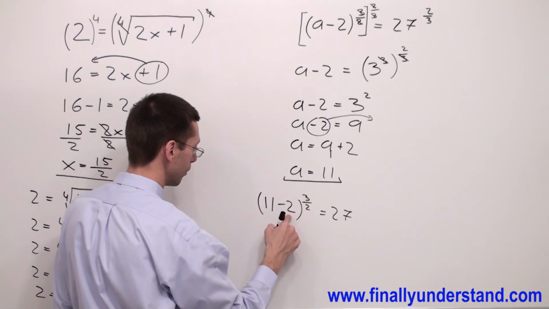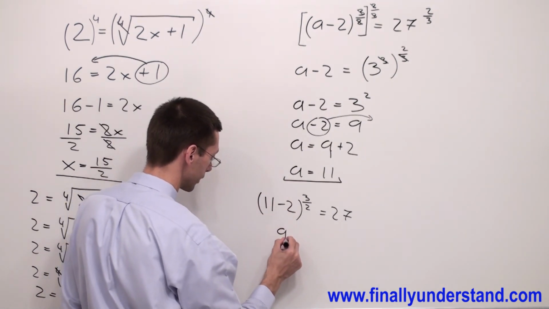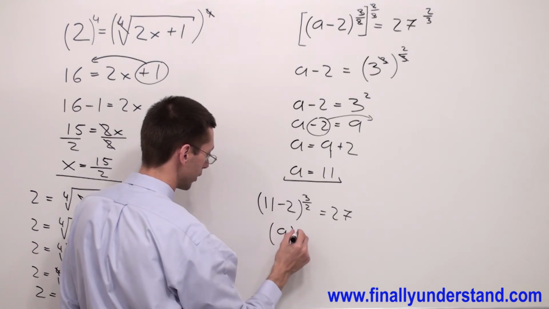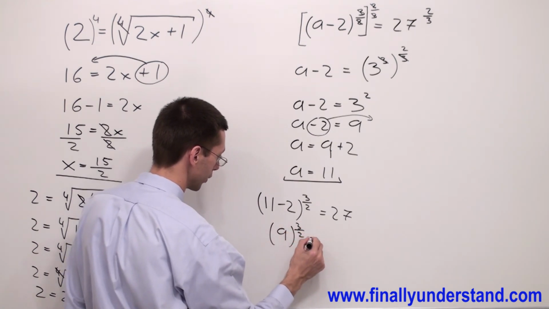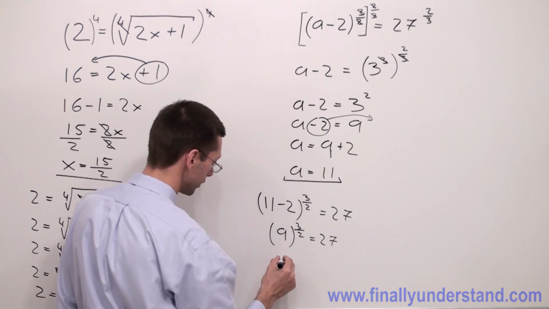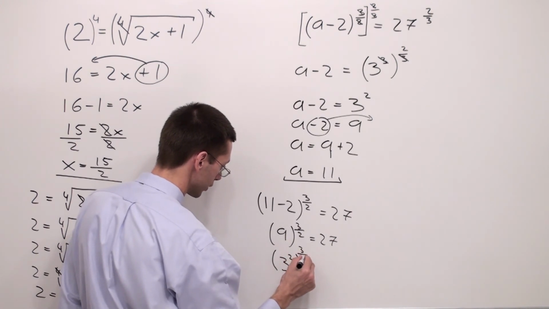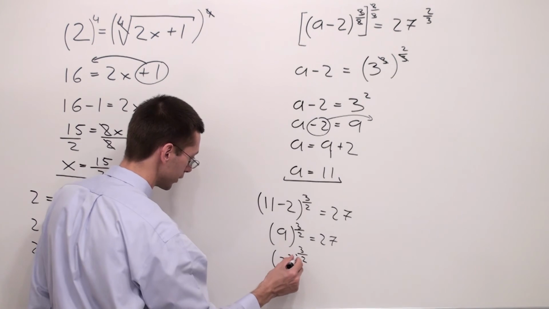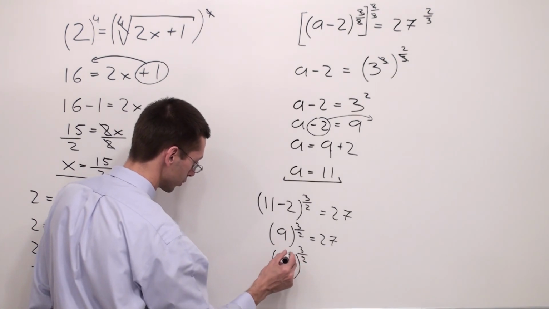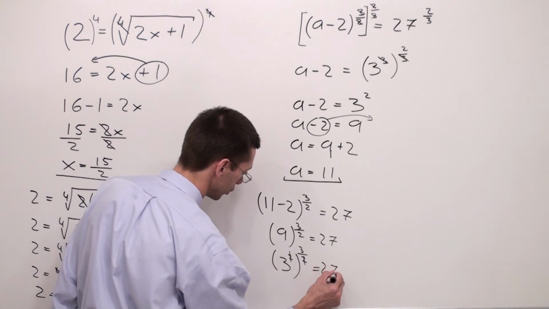11 minus 2 is equal to 9. 9 to the power 3 over 2 equals 27. 9 is 3 to the second power, and the exponent is 3 over 2. I have to multiply these two exponents, so 2 and 2 will cancel out, and I have 27.